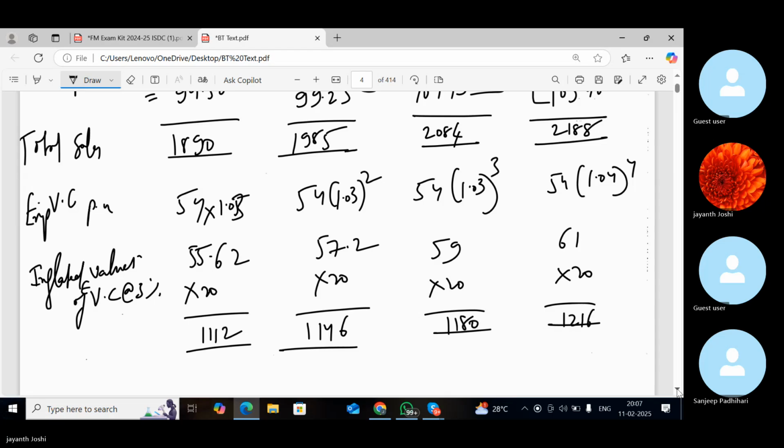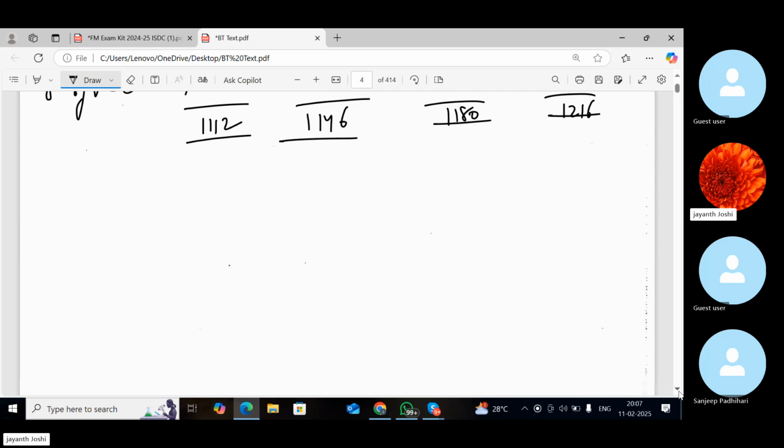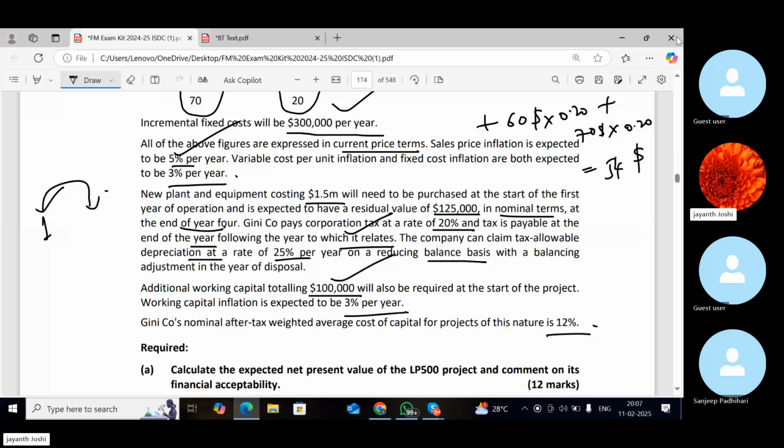Okay, so we have done two adjustments. Now we'll do the tax benefit from tax allowable depreciation, again for 4 years. For tax allowable depreciation, we definitely want the depreciation amounts. So what is your asset?